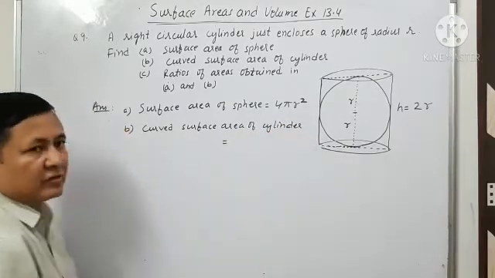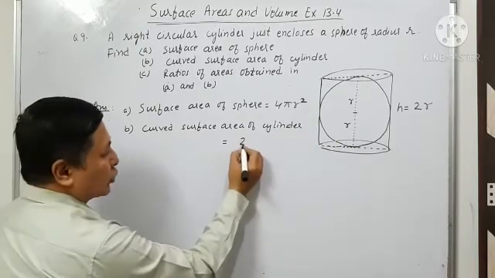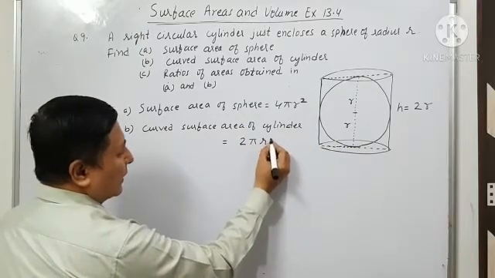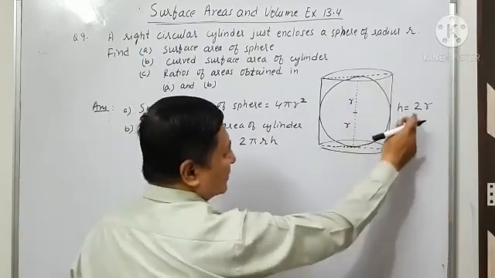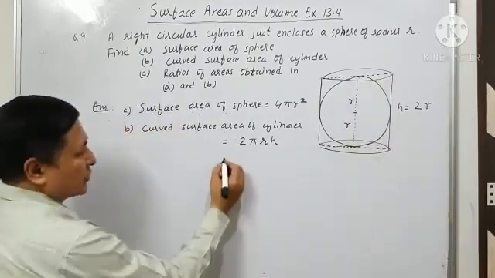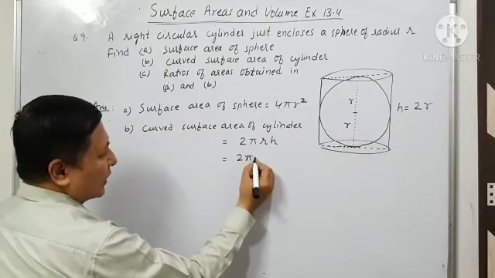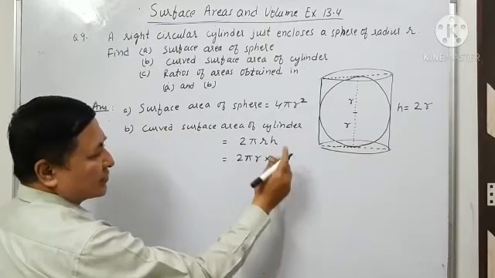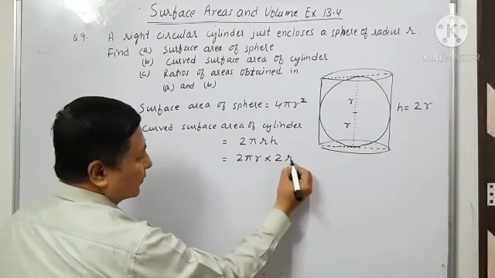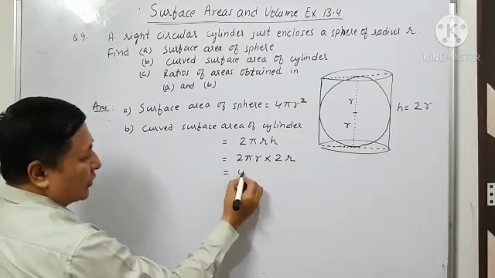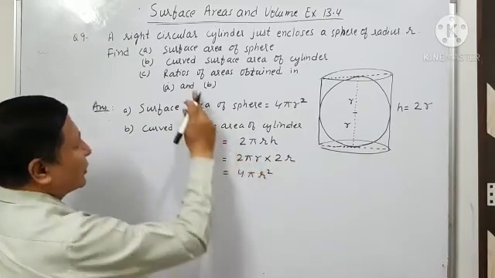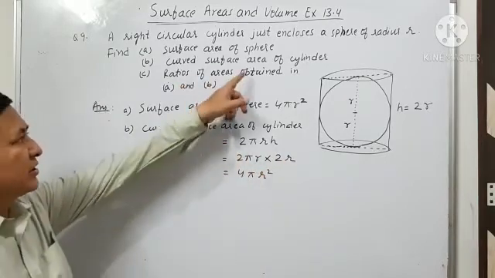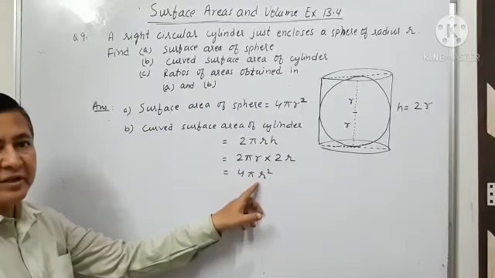The curved surface area of cylinder is 2 pi rh, and we have seen that the height of the cylinder is twice the radius, so it is 2 pi r into 2r. 2 2s are 4, then pi, r into r is r square. So we can also write that the curved surface area of cylinder in terms of r is 4 pi r square.